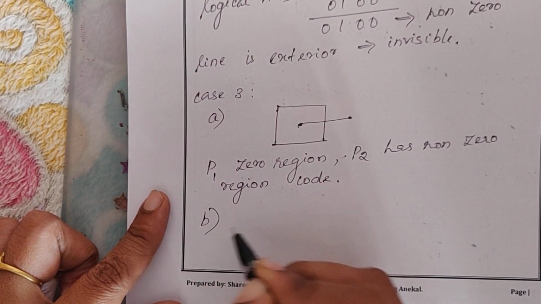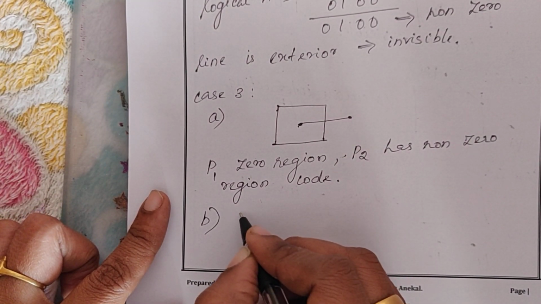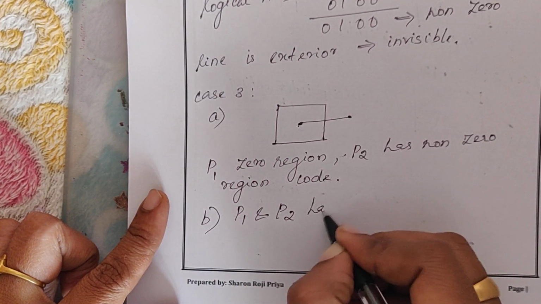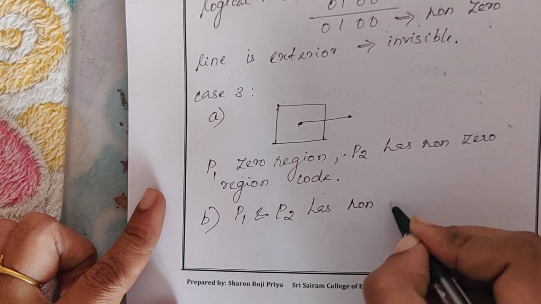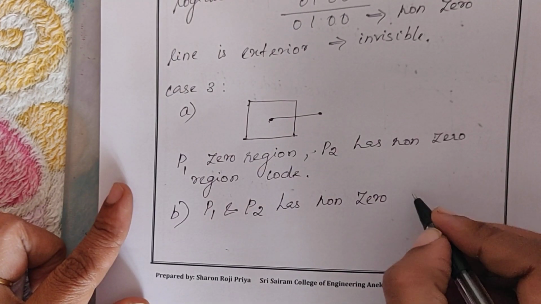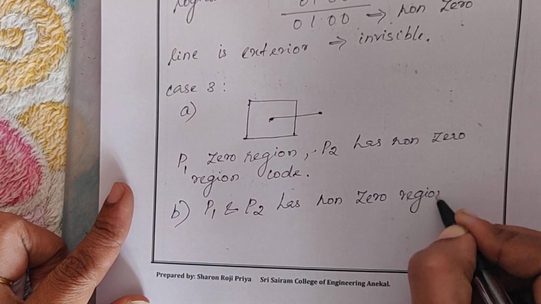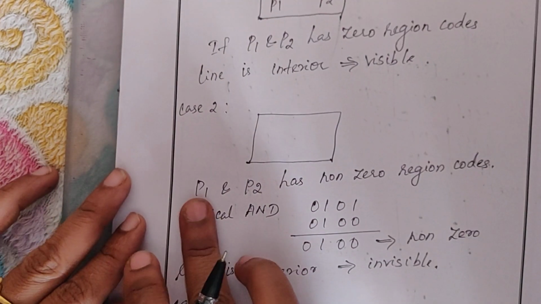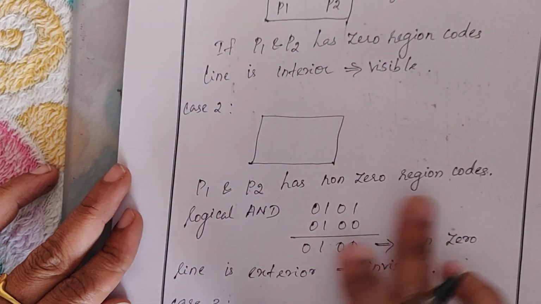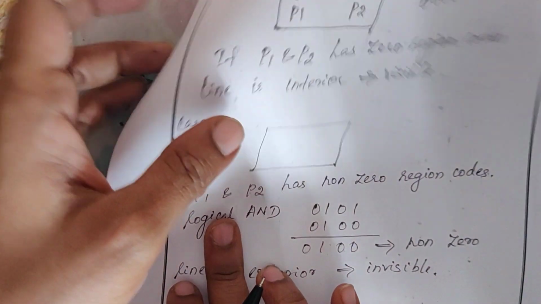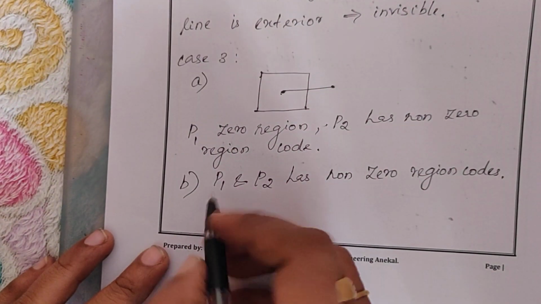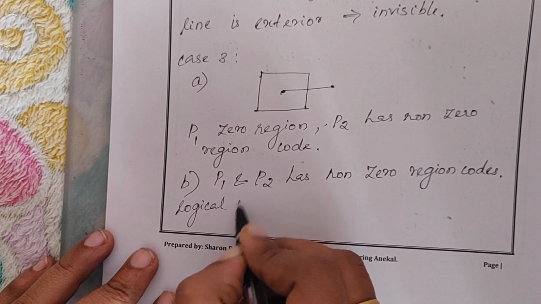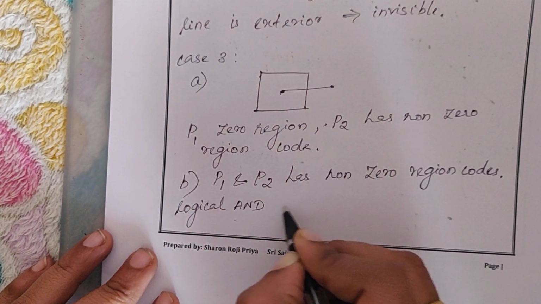B case is where both the endpoints P1 and P2 have non-zero region codes. If both P1 and P2 have non-zero region codes, I have to take the logical AND operation and check the result.